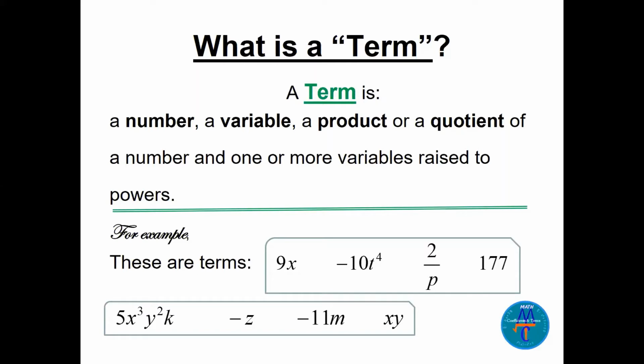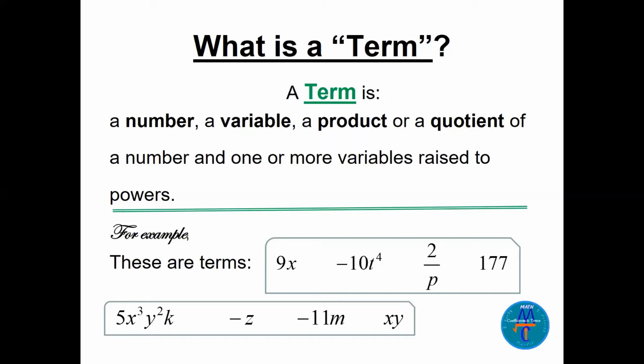Or minus z is another term. Minus 11m. xy is a term. Now let me ask you, x plus y. Ask yourself, please. X plus y, is this a term? The answer is no. This is two terms. X plus y. Two terms. So simply, term can be number, can be variable, can be product, can be quotient.